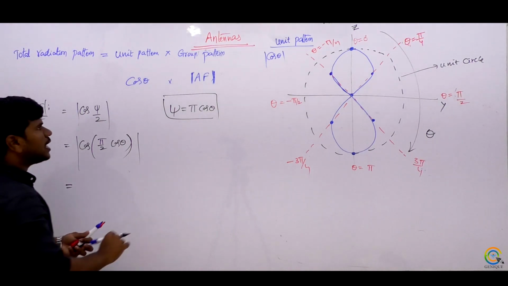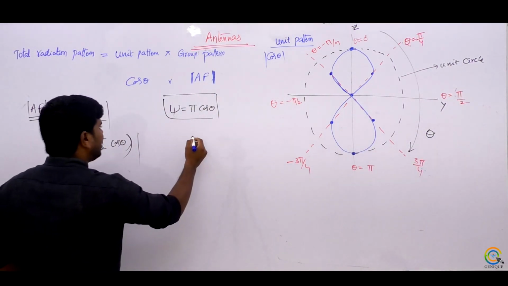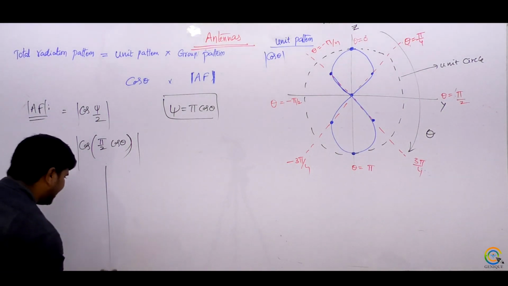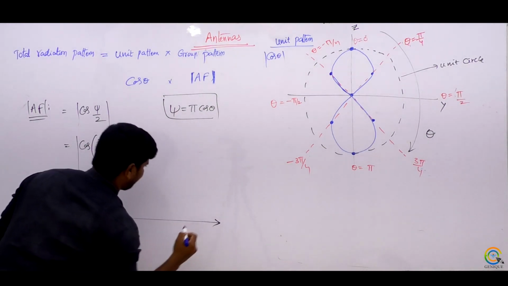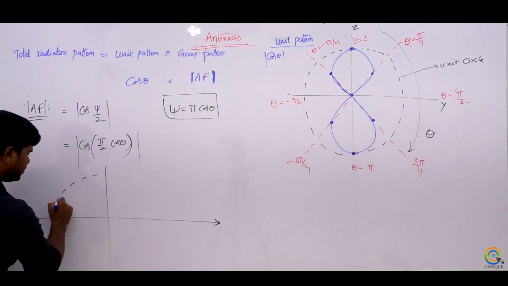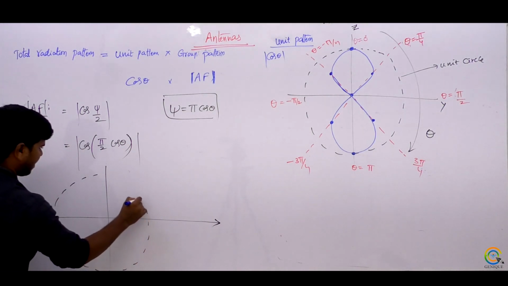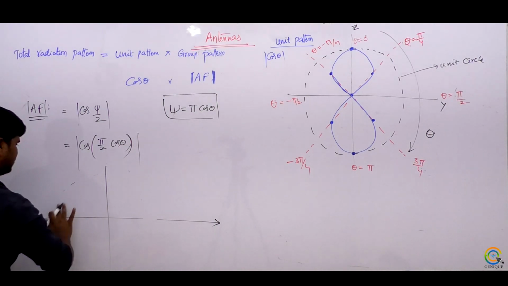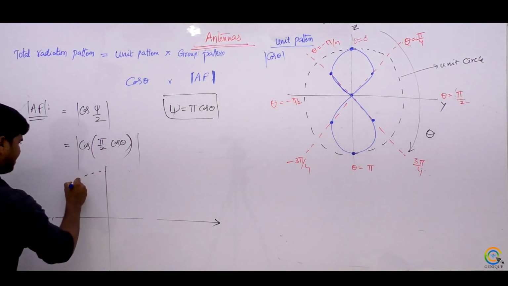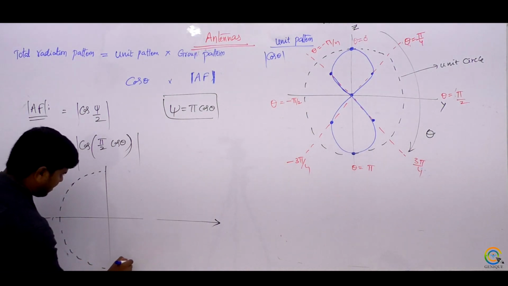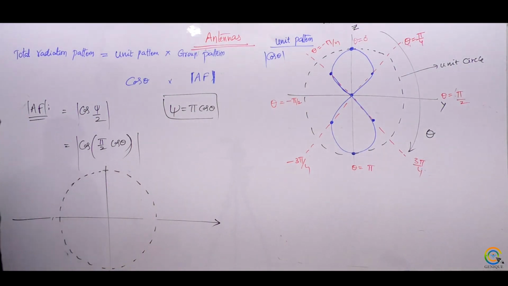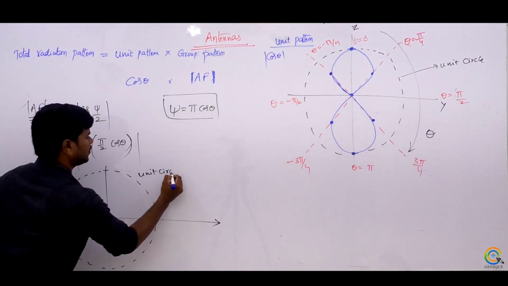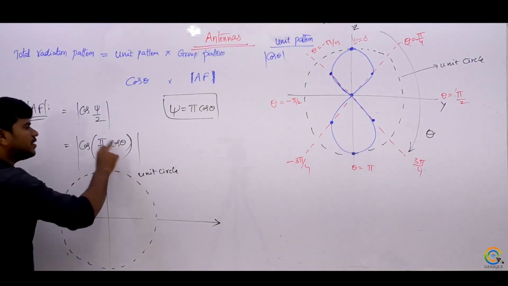Now, if I want to draw the array factor pattern, how would it be? Now draw the unit circle like this. It is the unit circle. What happens if theta equals 0 degrees?